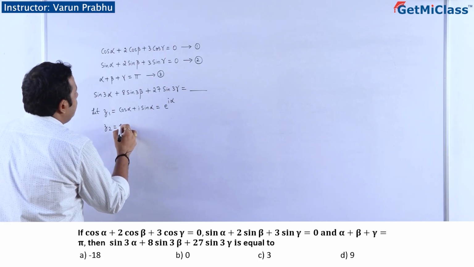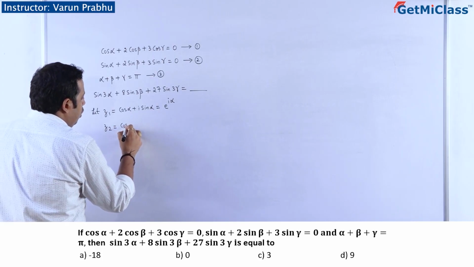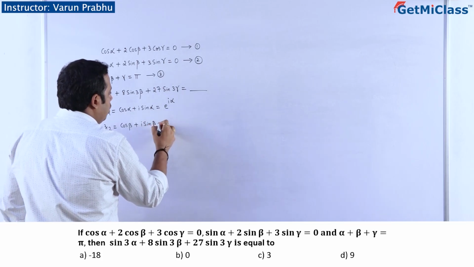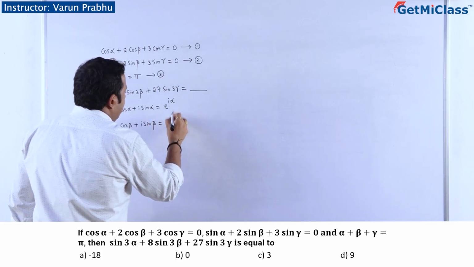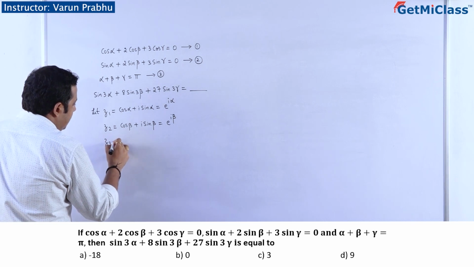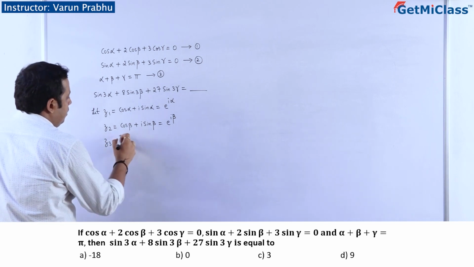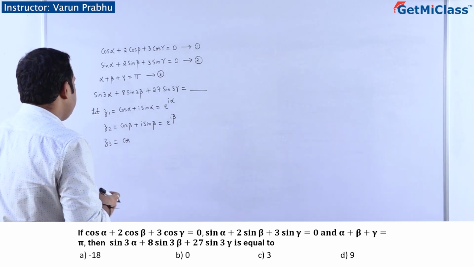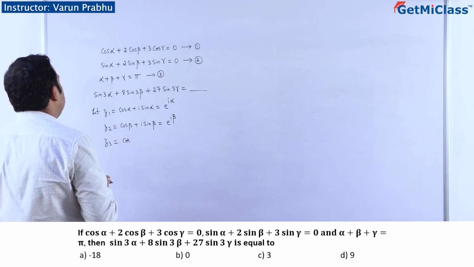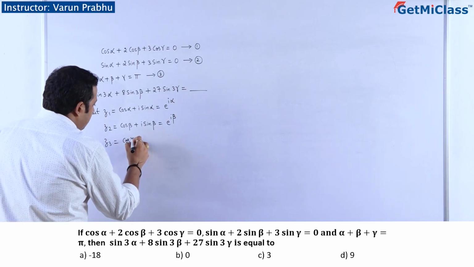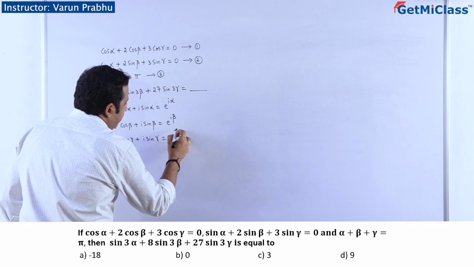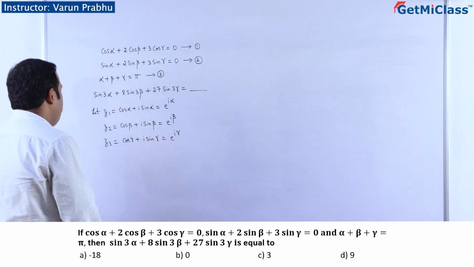So similarly, z2 is equal to cos beta plus i sin beta, which I can write as e to the power i beta, and z3 is equal to cos gamma plus i sin gamma, that is equal to e to the power i gamma. Is it okay?